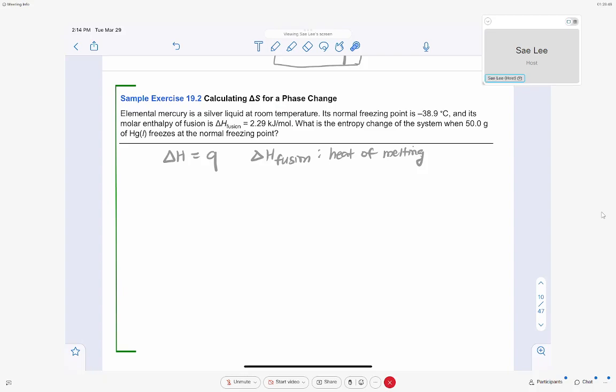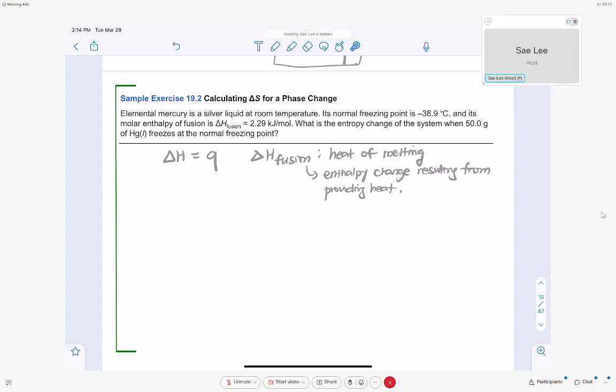Enthalpy change resulting from providing heat. Heat of fusion, heat of melting, is given.